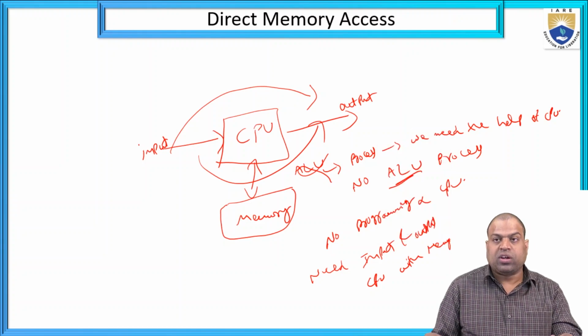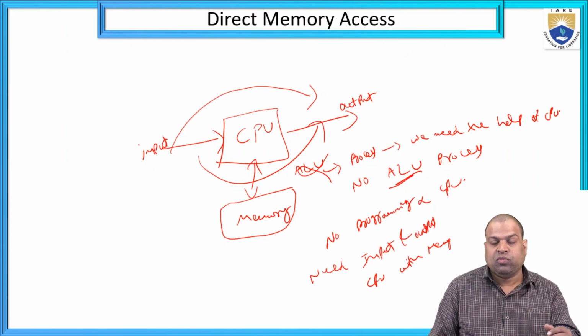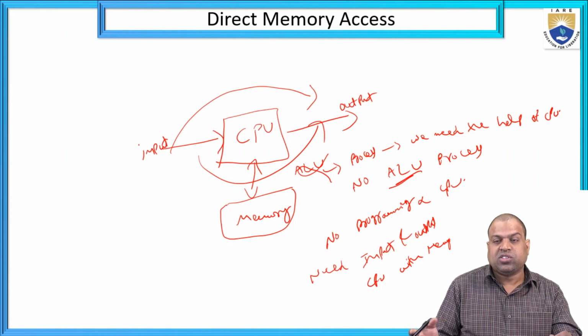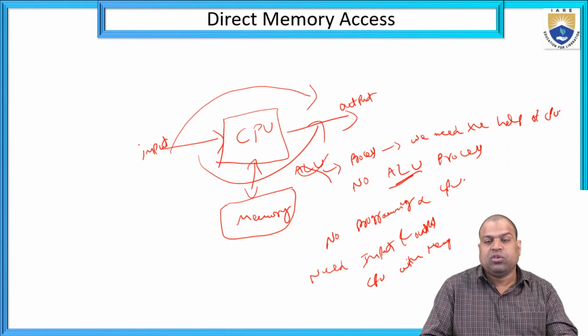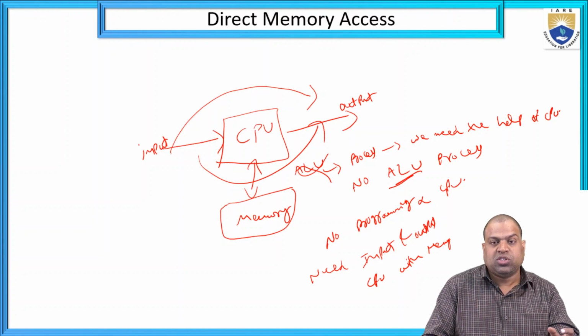For unnecessary operations without ALU: ALU means I need the CPU. Without ALU means no need of ALU's help. If I am going for programming, definitely we need ALU. Suppose I don't have any ALU, it means I don't have any programming language to execute, so I have no need of ALU.